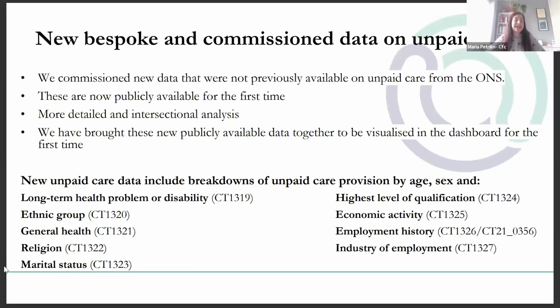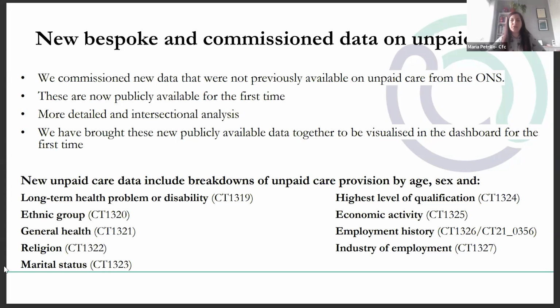So as a team, we are also very proud of the fact that while the Office for National Statistics made a number of tables and data sets available, we went a step further. We commissioned entirely new tables, information that haven't been previously published or accessible.